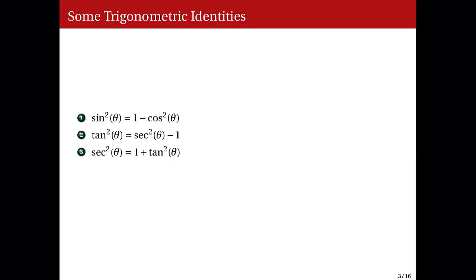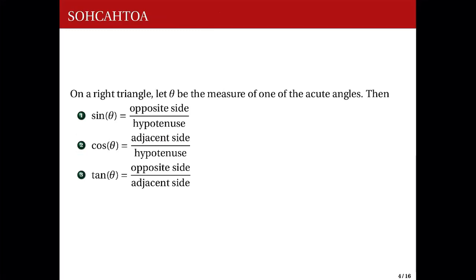That one will be equal to secant squared theta minus 1. And then again, deriving from this equation, we can get this identity: secant squared theta is equal to 1 plus tangent squared theta.